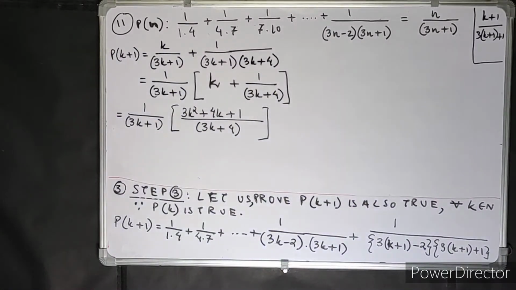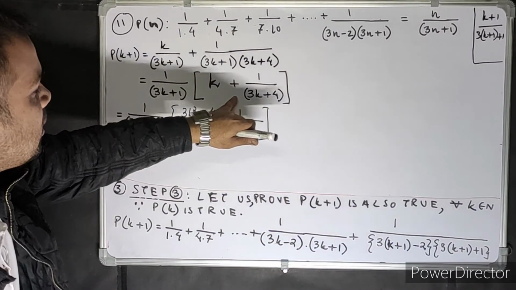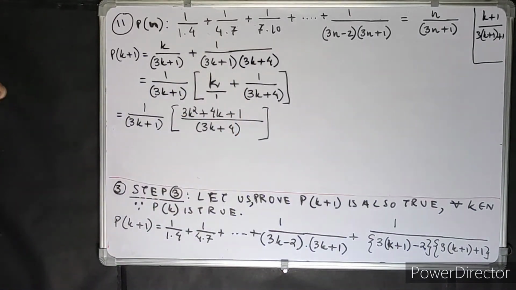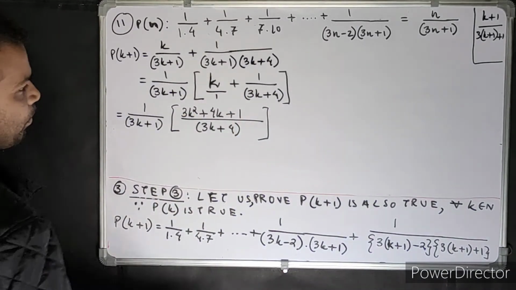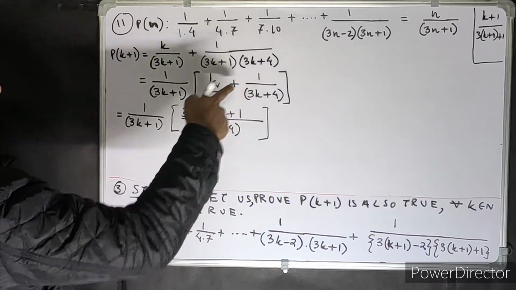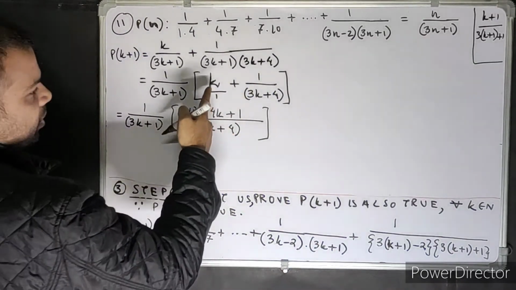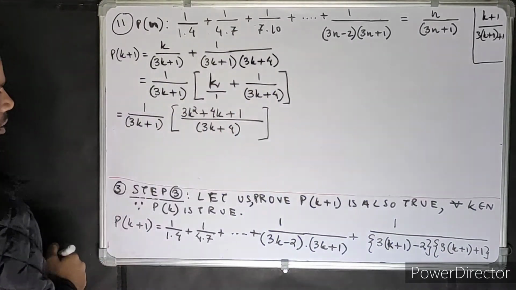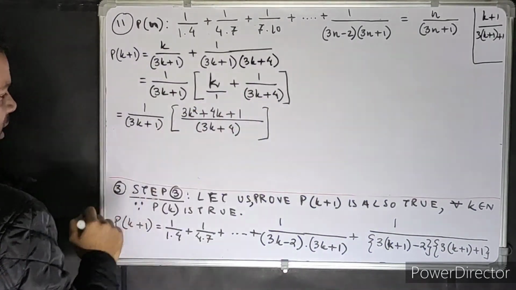Jump the step. What did I do? See, multiply this with this. 3 into 3k, by 1, nobody writes that, you already know it. Once you multiply that out, then you will get this. 3 into k is 3k square and k into 4 is 4k, and plus 1 was already there because this has the same denominator.